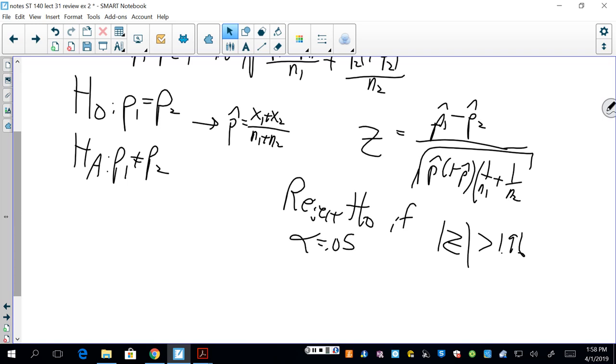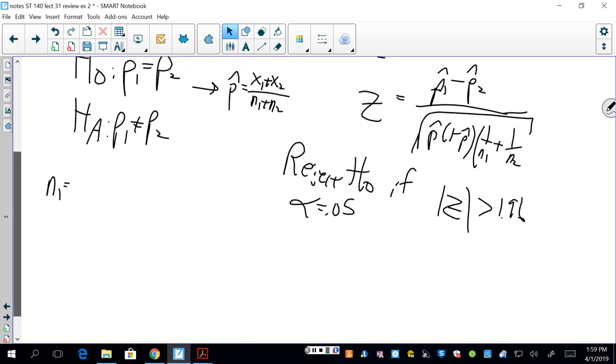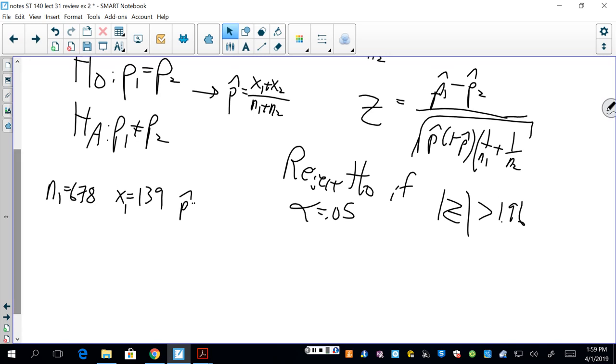Yeah. How is it different from the pooled statistic? So there were two sample things for mean, right? This would be for count data. For instance, if we had 678 federal trials and 139 were overturned, that's a rate of 0.205.